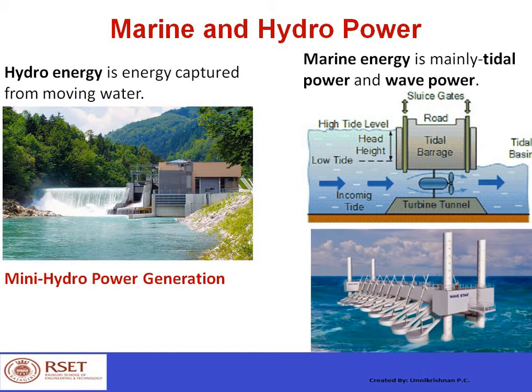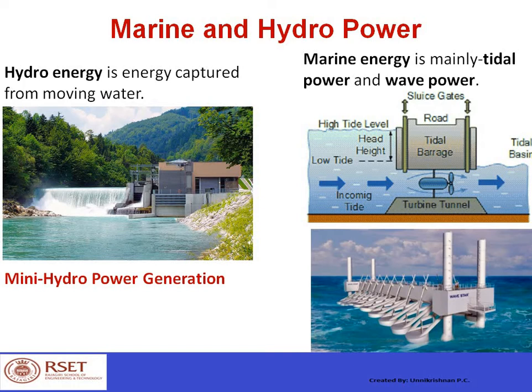Marine energy can be from the tides or from the waves. During high tide, the water level increases, and this stored water, when it goes back to the sea, rotates a turbine fitted inside a tunnel.